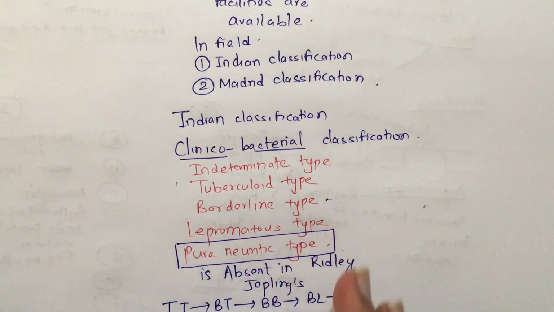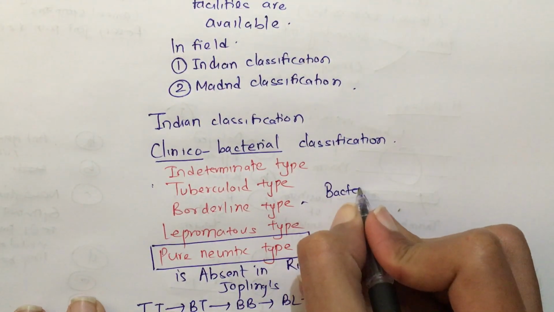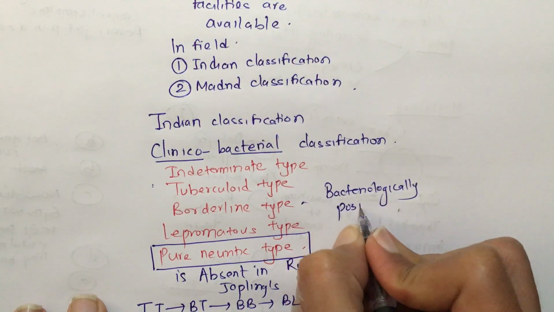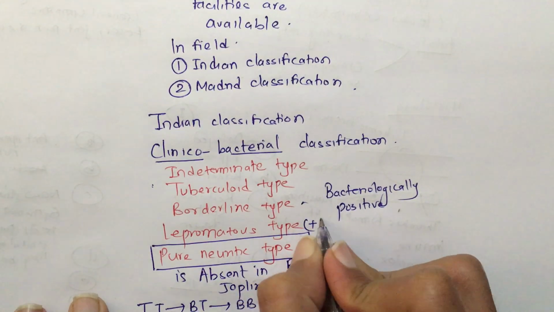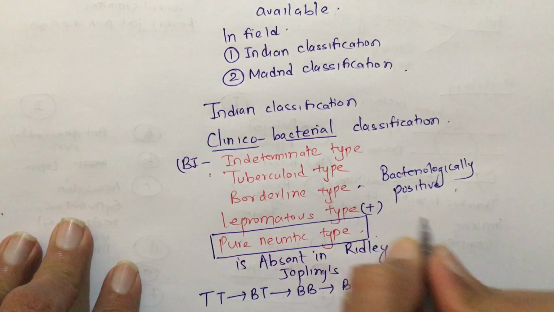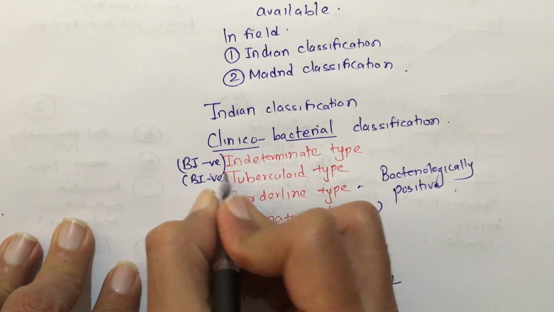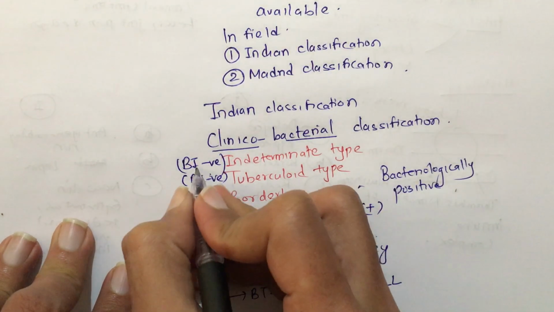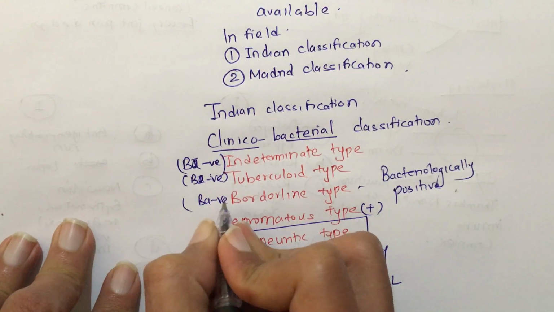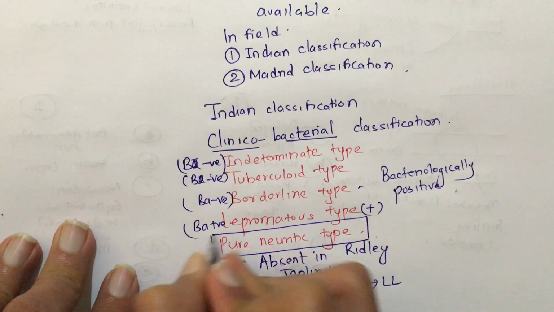Among all these, we should remember the fact that the bacteriologically positive type is only the lepromatous type. All others are bacteriologically negative, but the lepromatous type is bacteriologically positive.